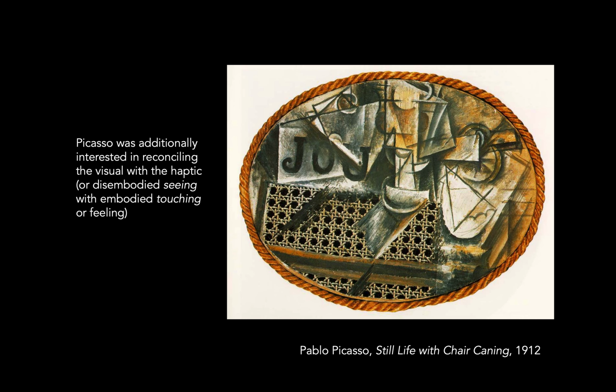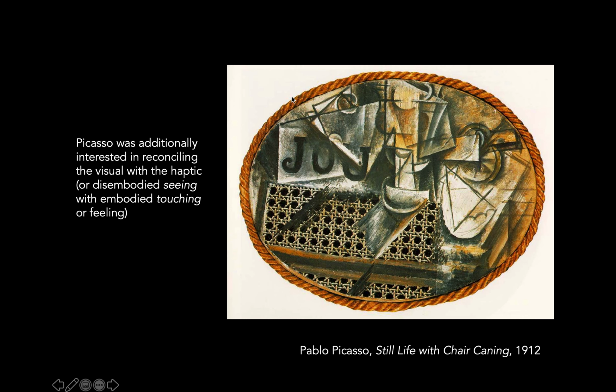And so we'll end this first half by talking about the transition painting, one of the key works that move us towards synthetic cubism, which will be the second half of the class, and that's Picasso's Still Life with Chair Caning.